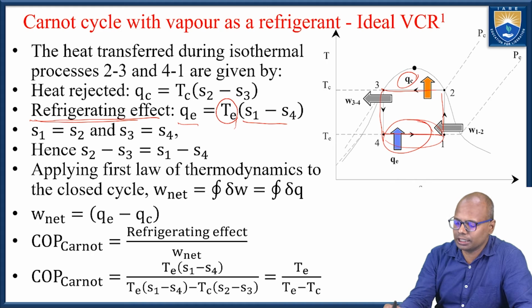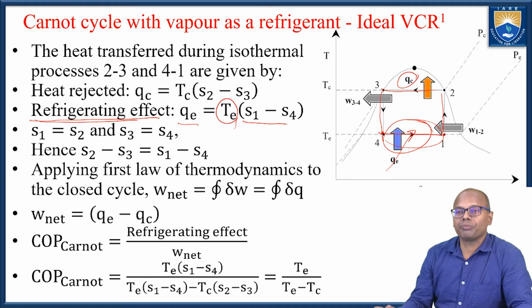This is the inlet of the evaporator and this is the outlet of the evaporator. As heat is absorbed, the entropy is getting increased from 4 to 1.